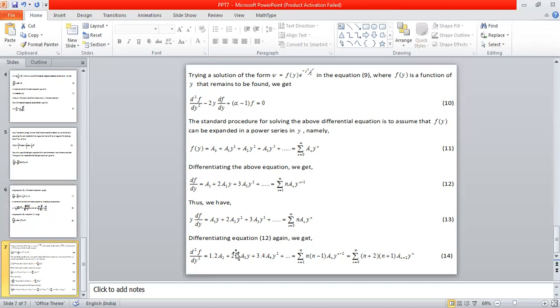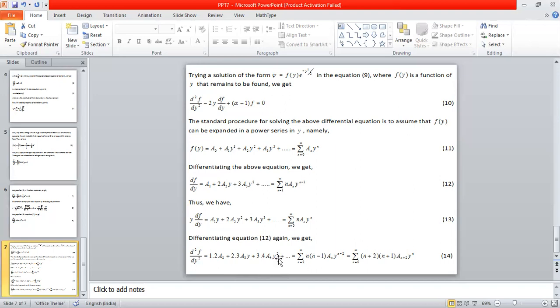Differentiation of 2a2 y becomes 2a2, because differentiation of y is 1. Differentiation of 3a3 y square: 3a3 is constant, and differentiation of y square is 2y, so we get 2 into 3 a3 y. Similarly, the next term is 3 into 4 into a4 into y square.